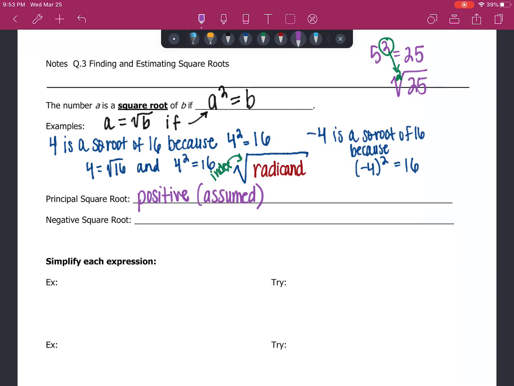A negative square root, you have to be told, and we're told through a negative sign on the outside of the square root.